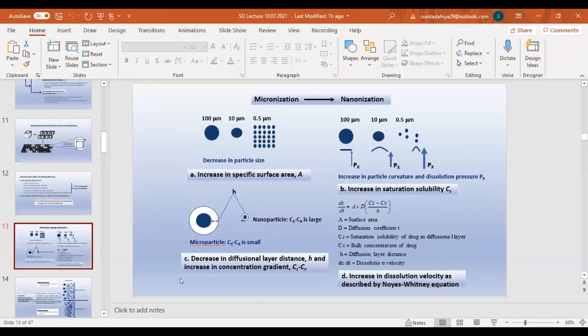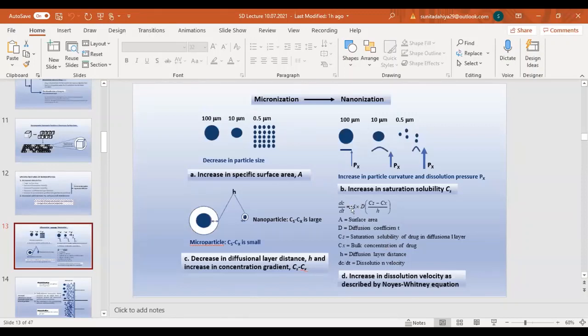The third advantage is that it decreases the diffusional layer distance, that is H, and it increases the concentration gradient, that is CS minus CX. Why are we discussing all these three parameters? Because these parameters are the controlling factors for the dissolution rate of the drug according to the Noyes-Whitney equation. You see here the Noyes-Whitney equation, where D is the constant.